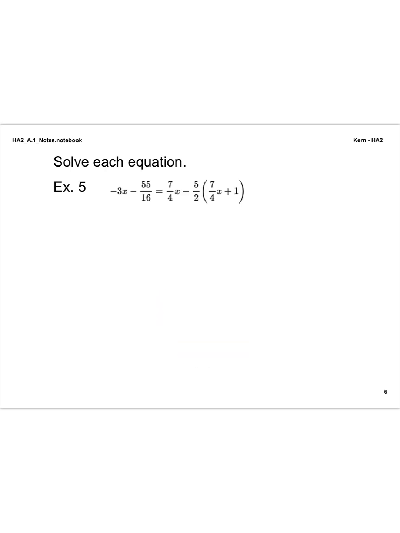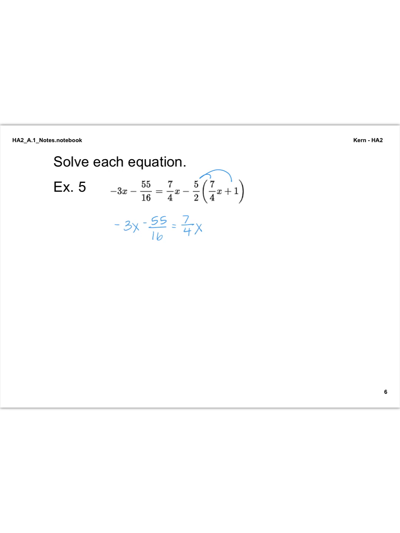All right, this one is definitely the spiciest we've seen so far. My advice to you, we definitely want to get rid of the fractions, but I think I'm going to distribute this first. If you choose to do it a different way, that's fine, but this will make things a little bit simpler down the road. So if I do that, my left side stays the same.